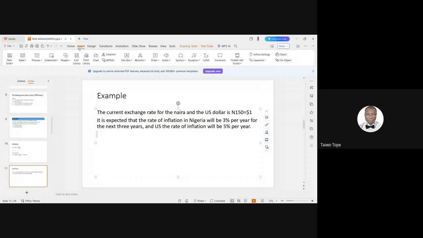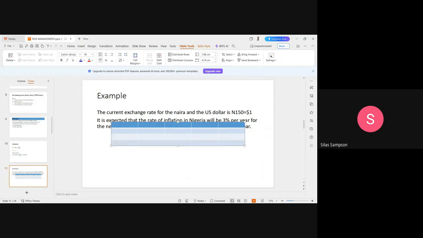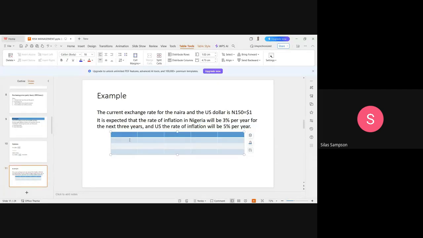So in year one, what will happen? Can somebody quickly give us the estimated exchange rate based on what we've learned? 1.03 divided by 1.05 times 150.